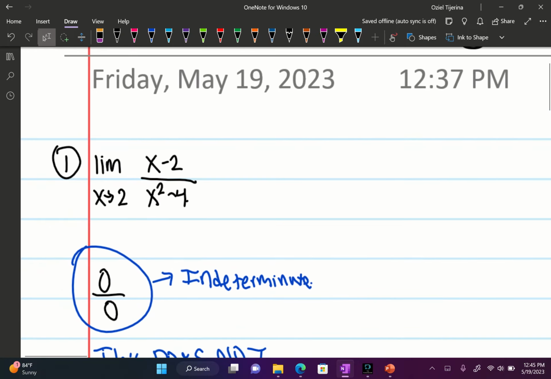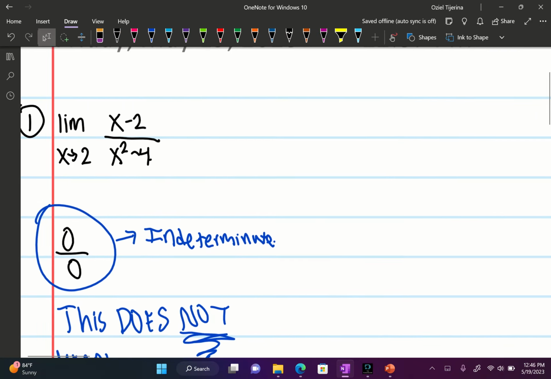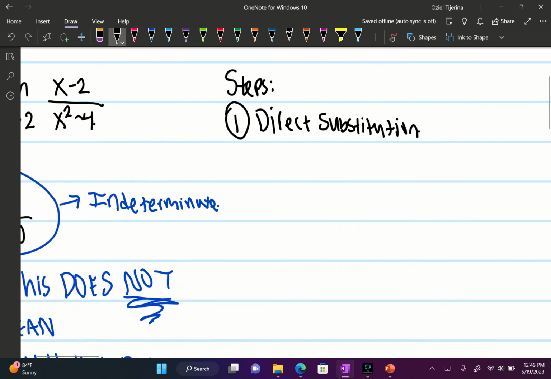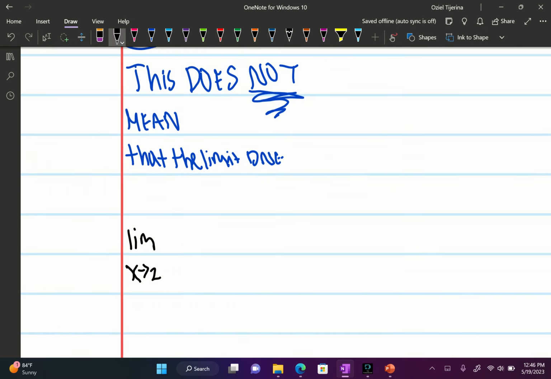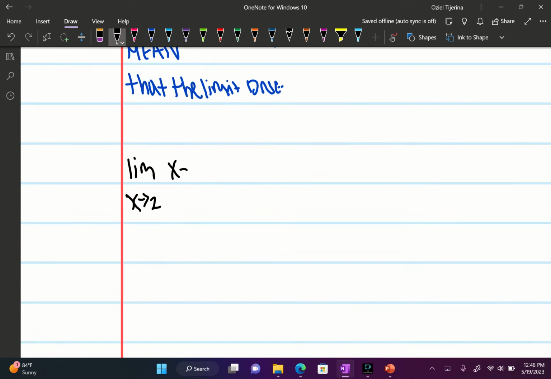So basically, with this limit here, of course, the first step is to do direct substitution. Now, of course, we're going to go ahead and do that. So the limit as x approaches 2 of x minus 2 over x squared minus 4, right?